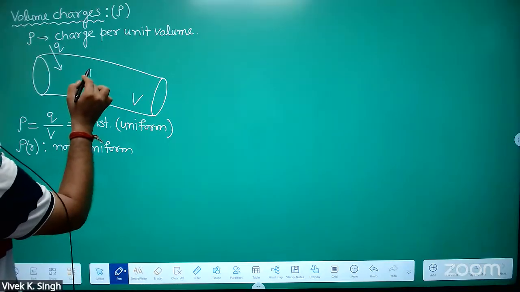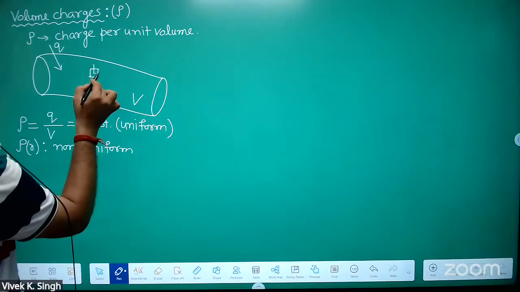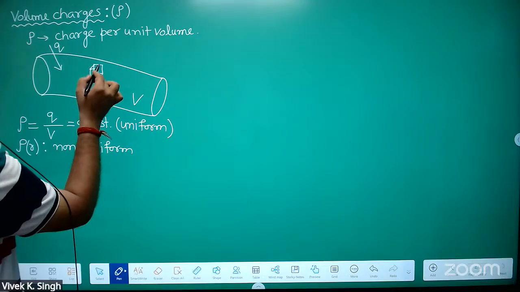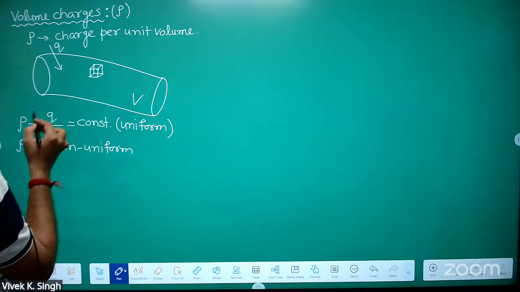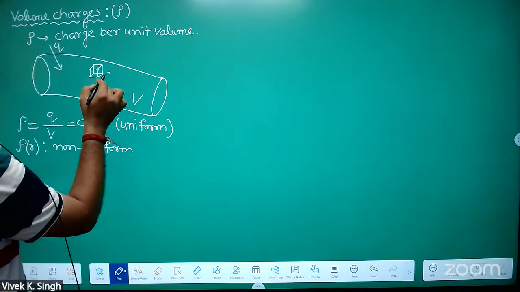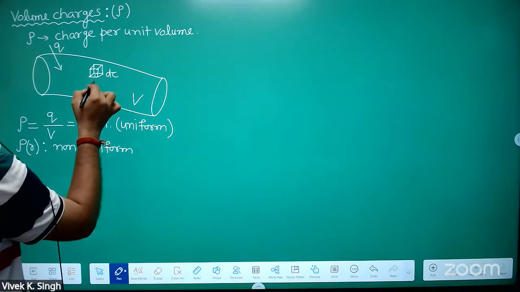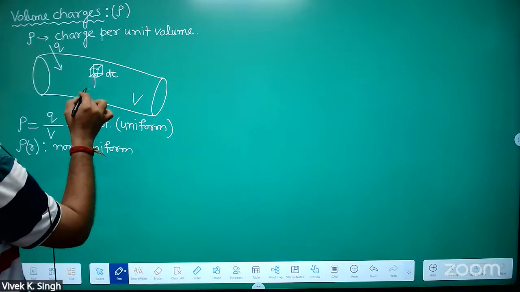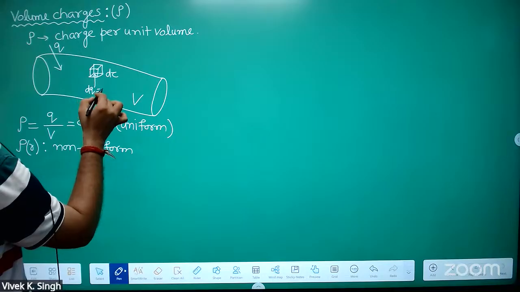And again, if you have to find the field due to this volume charge, this elemental volume is d tau, and the charge in it is dq, given by rho d tau.